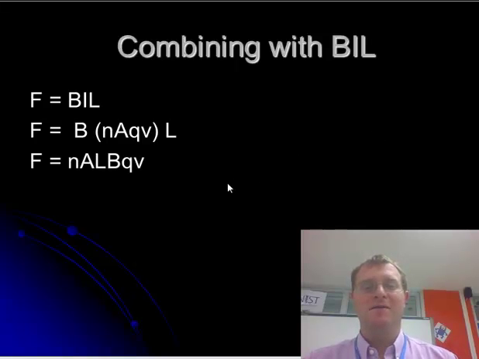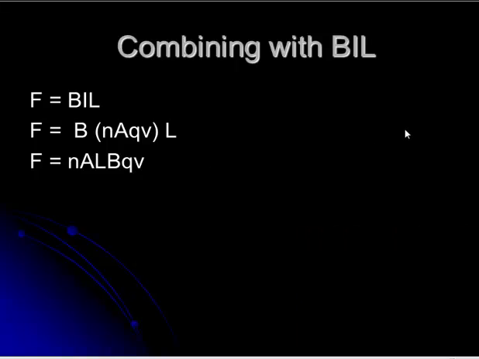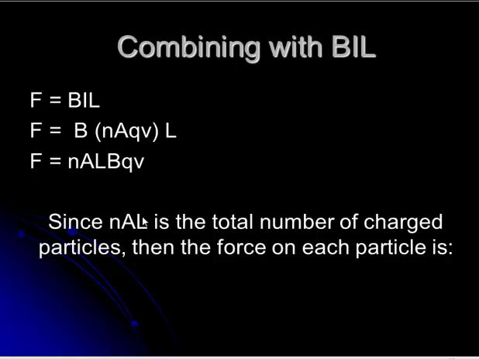Now if I multiply this through, I've got n A L, density, area, length, times the magnetic field strength times the charge times the velocity is equal to the force. Now as n A L is basically the density times the volume, it actually tells me the number of particles.